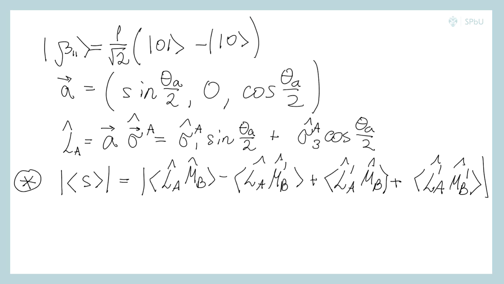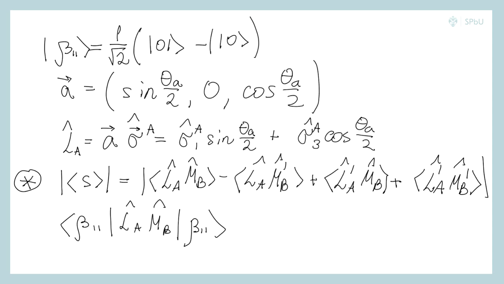Consider now the following average separately. This one: beta 1,1, LA MB, beta 1,1. So we just want to see the average of this operator in the state beta 1,1.